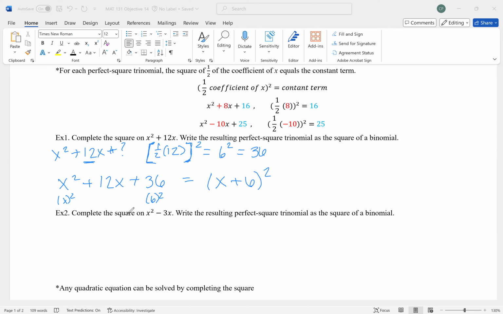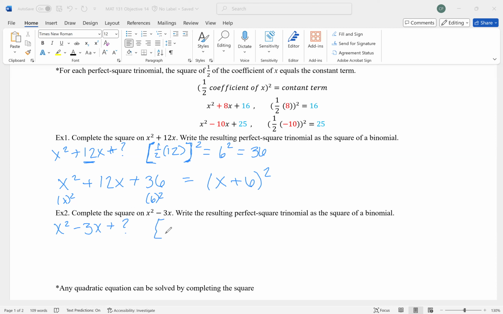We are asked to complete the square on x squared minus 3x and write the resulting perfect square trinomial as the square of a binomial, all right? So let's do it again. We have x squared minus 3x, and we need whatever that third term is, okay?